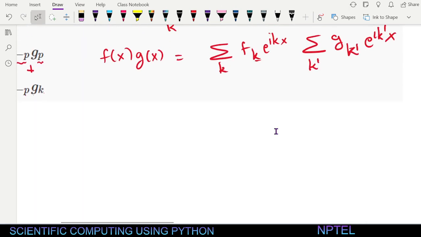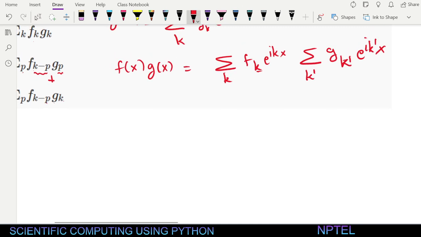I should zoom in, right? Okay, so this I can write as the sum over k and k prime of f_k g_k prime e to the power i(k plus k prime)x.